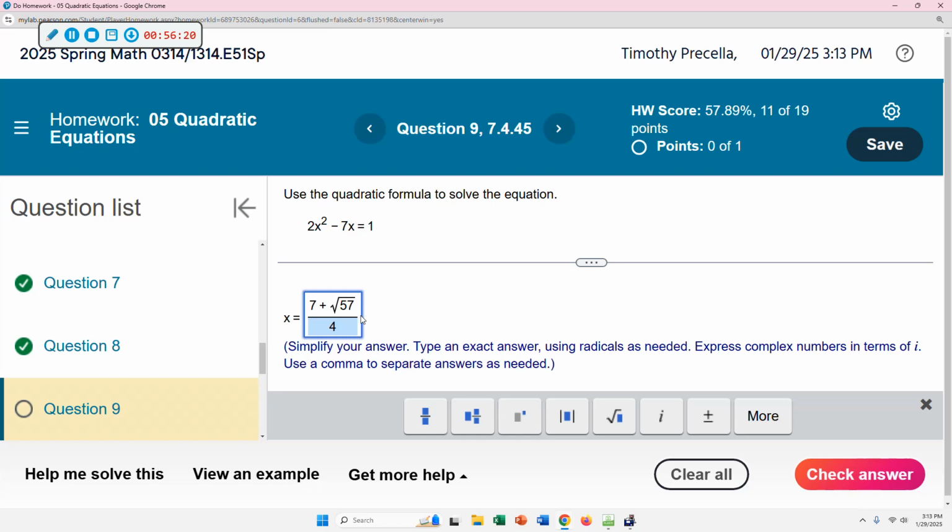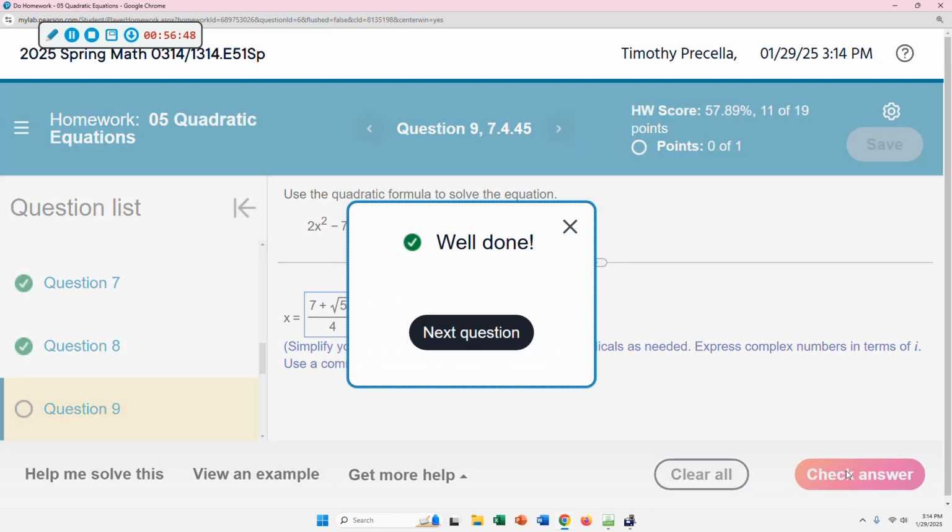Then move over and put a comma, and then write another fraction, 7 minus the square root of 57 all over 4. Why do they do that? Because 10 years ago they didn't have a plus minus key built in. And even though they've added the plus minus key, they still haven't changed it, programmed to list the answers separately.